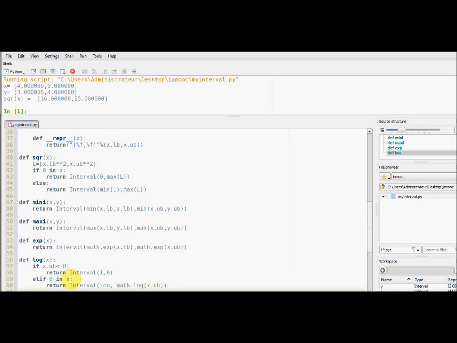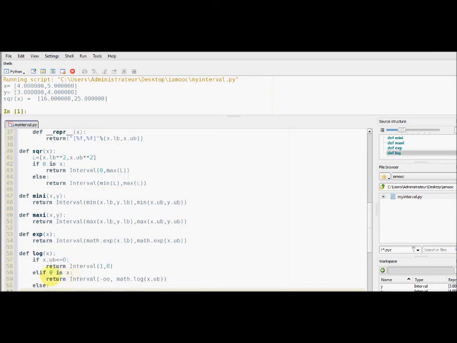Else, so it is monotonic, so very easily I can write return this for the upper bound, but here for the lower bound.